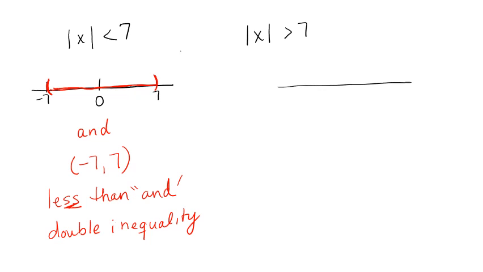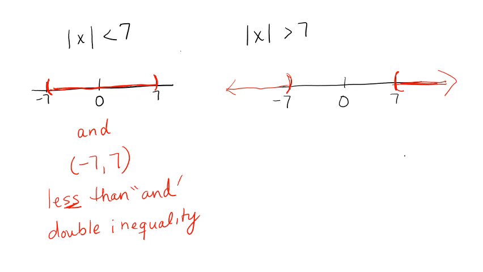Okay, so if we want the absolute value to be greater than 7, so here's 0, here's 7, here's -7. So if we want to be greater than 7, we want it to be any number bigger than 7. All these numbers have an absolute value greater than 7. So do these. Like -20, its absolute value is 20.